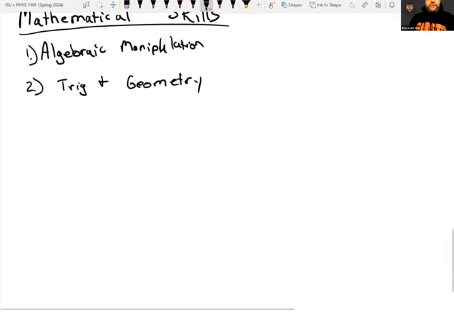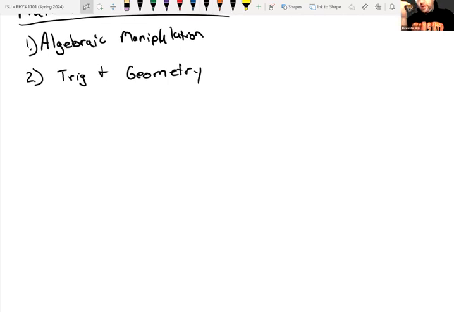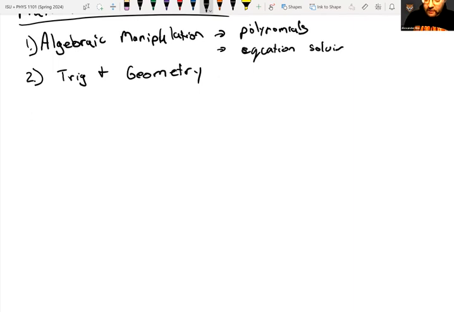All right. So when I talk about algebraic manipulation, mostly what we're going to be dealing with is polynomials and equation solving. That's mostly what we're going to be looking at.